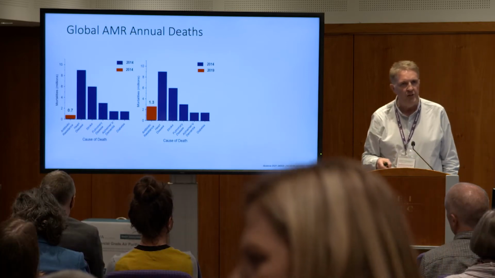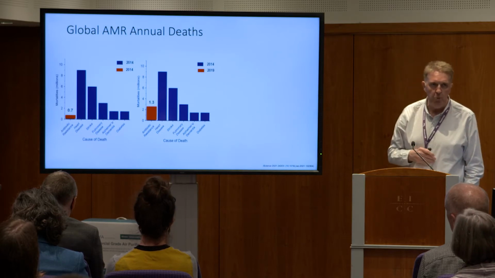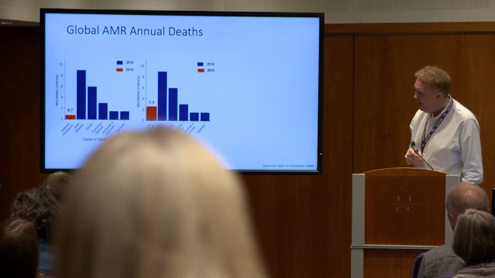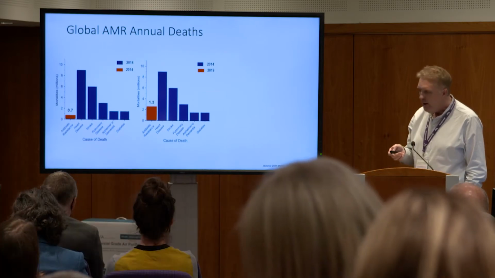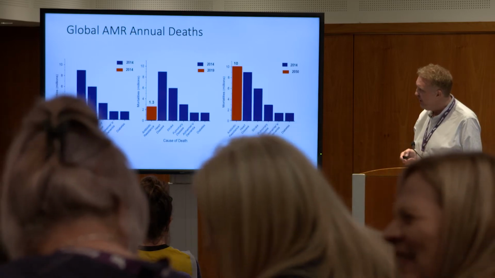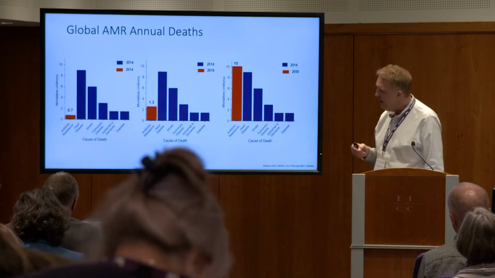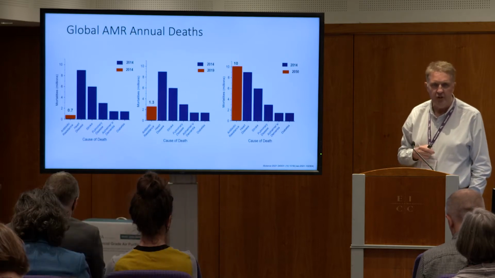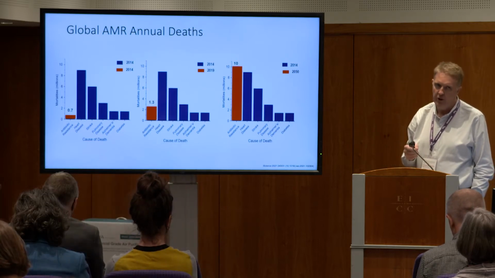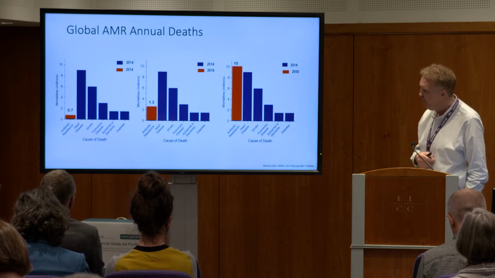For 2019, there was a Lancet article just recently, and the estimate of worldwide global deaths was now up at 1.3 million. In the O'Neill report, quite a major report in 2016, they had predicted that by 2050 there would be a total of 10 million deaths directly attributable to antimicrobial resistant bacteria.